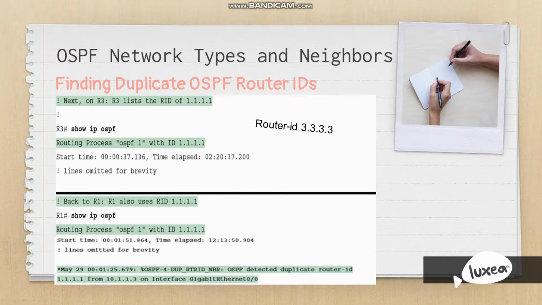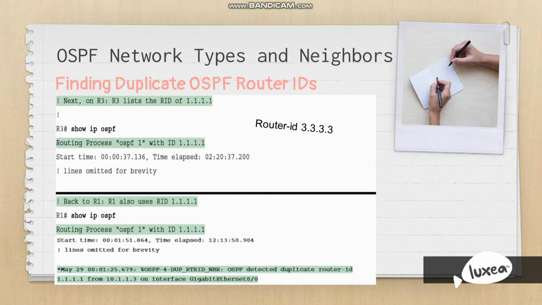Next is finding duplicate OSPF router IDs. This is really interesting. So for example, router 1 and router 3 both are using RID 1.1.1.1, and they automatically generate a log message for the duplicate OSPF RID problem. In this case, just use show ip ospf to list the RID. So the first line of show ip ospf will show the duplicate use of 1.1.1.1.